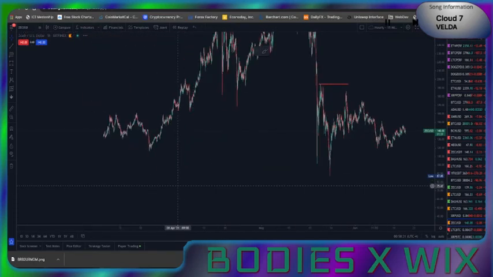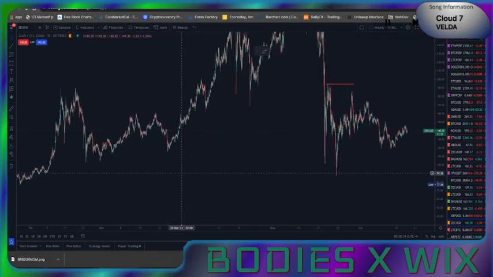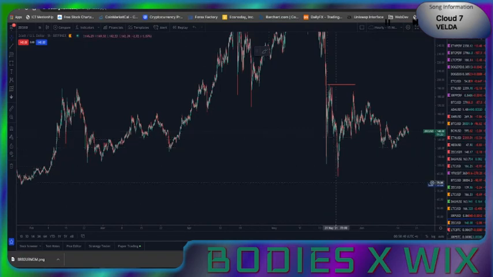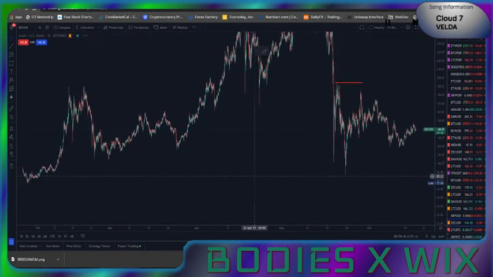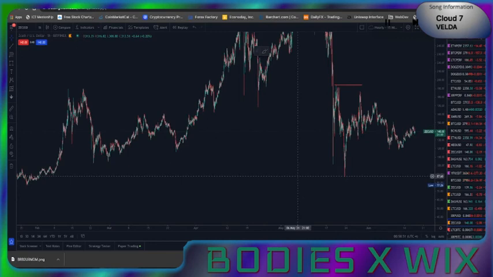Let's see what's to the left of it to see if there's anything to support that idea. No. Remember, this was the one that came down and hit the monthly order block, and then got rejected. So that's why it got rejected.